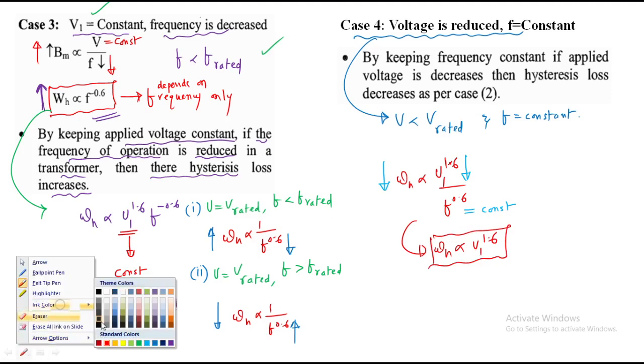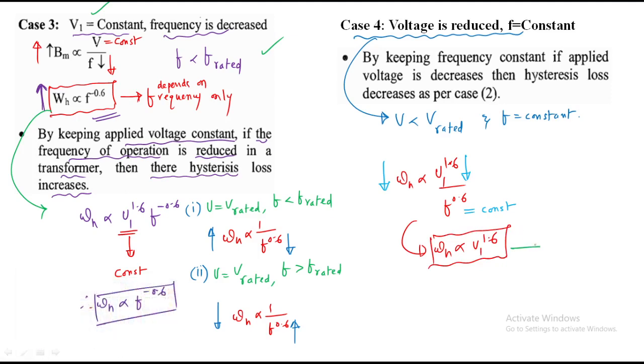It depends only on voltage. Why not frequency? Because frequency is maintained constant. If the voltage decreases, WH decreases; if it increases, WH increases. Clear? Just go through these 4 cases once, and you will have a better idea of the concept.